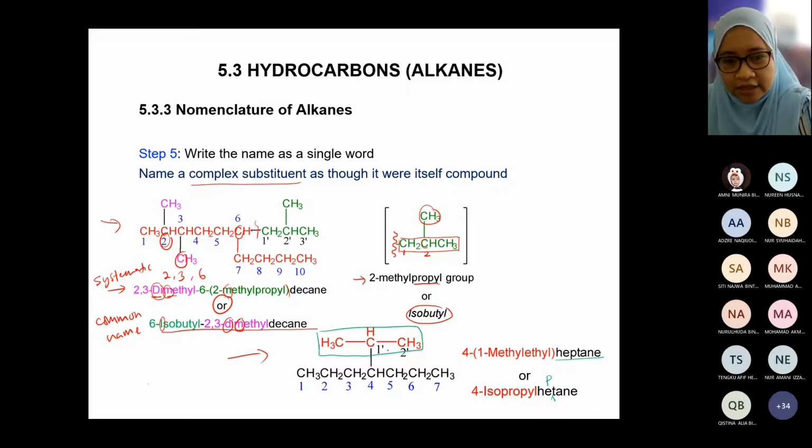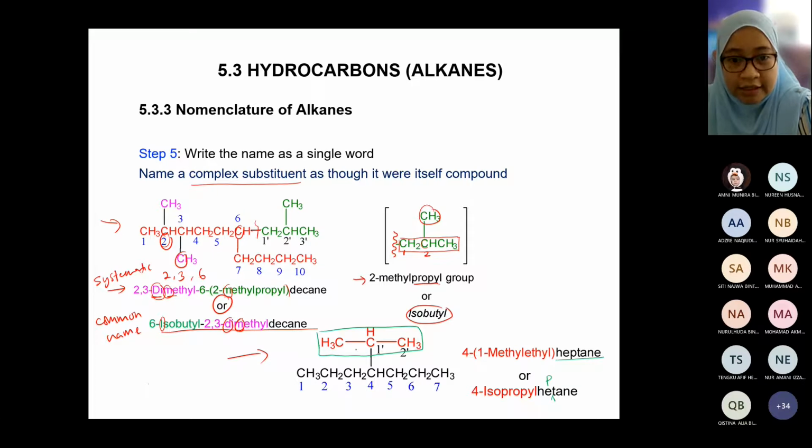So we have an alkyl group of 3 carbons. Therefore, it is named as, it is not propyl. If it were propyl, it must attach through carbon number 1. Here it attaches through number 2 carbon of this propyl group. So if you are using the common name, it is called isopropyl.